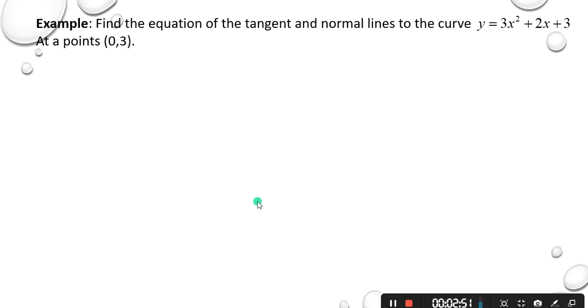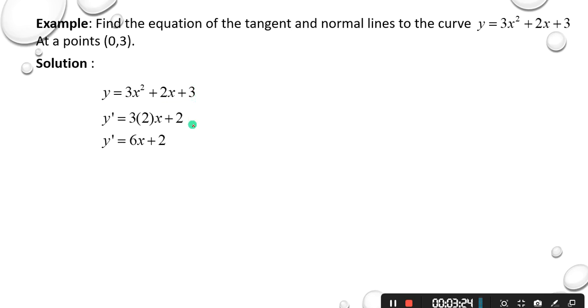Example: find the equation of the tangent and normal lines to the curve y equals 3x squared plus 2x plus 3 at the point (0, 3). The 0 indicates the x value and the 3 indicates the y value. We have the solution. This is the equation of the curve. Now we first get the first derivative.